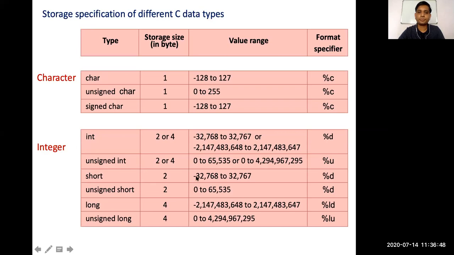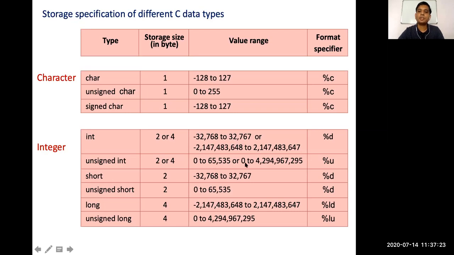Next is unsigned integer. Unsigned integer means we cannot store a negative number in this variable. So the one bit that is reserved to indicate a positive or negative number is not required. The whole 16 bits or whole 32 bits can be used to store our data. So for 2 bytes, the range is 0 to 65,535. It is double this one, 32,767.